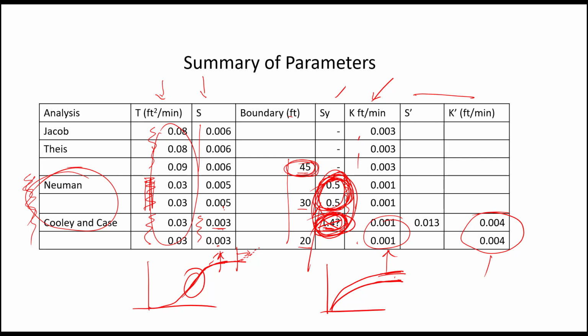It could be that the yield from the unconfined aquifer is responsible for this initial break in slope, and then the drawdown is not coming up because it starts to interact with the boundary out here at later times. Maybe something like that is an explanation.